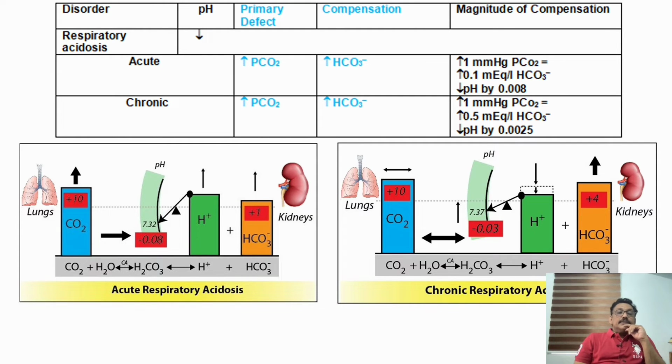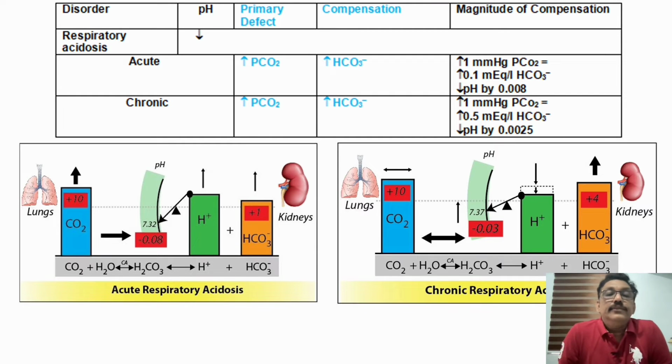For acute respiratory acidosis, for every 10 rise in PaCO2, there is an elevation of plus 1 in bicarbonate levels by the kidneys. That is, PaCO2 increases by 1 millimeter of mercury, bicarbonate increases by 0.1 milliequivalents.